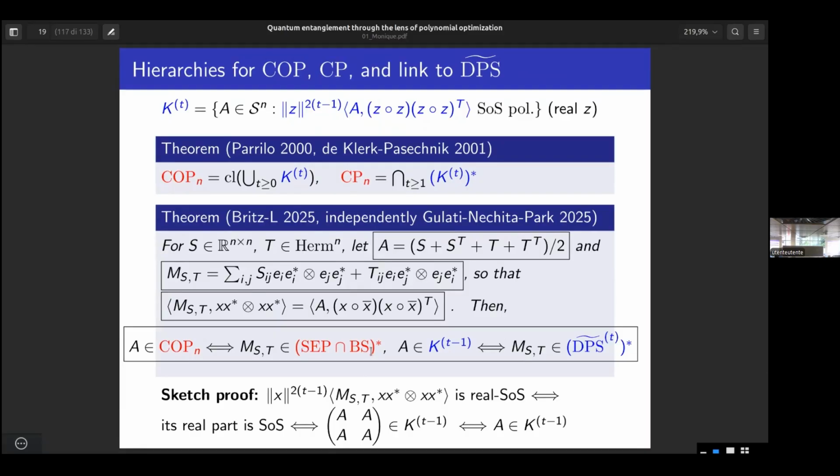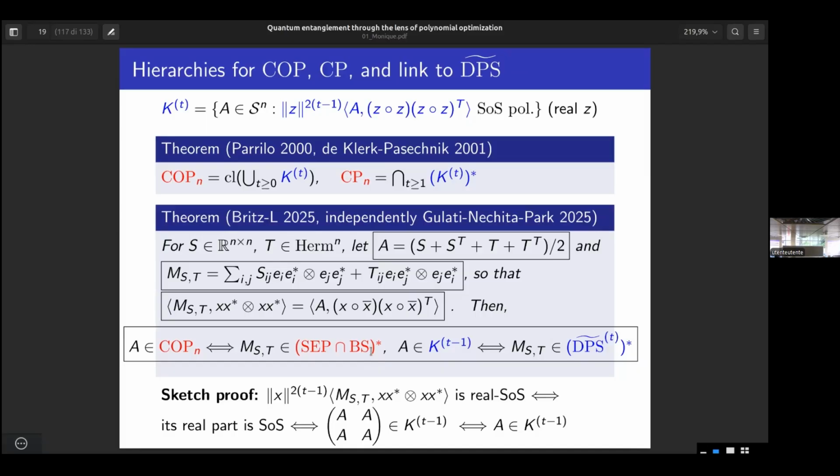We have a hierarchy of outer approximations to the copositive cone, which is long known. And these are the cones K_t. And this result here is making a direct connection between each level of the outer approximation for copositive and the outer approximation for the dual of both-symmetric states at the DPS level.